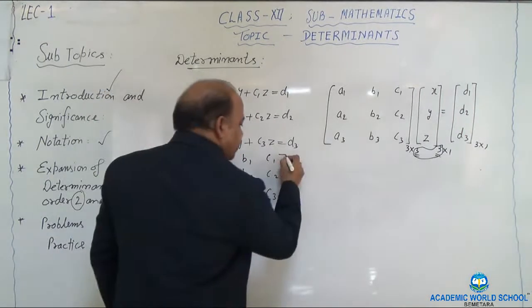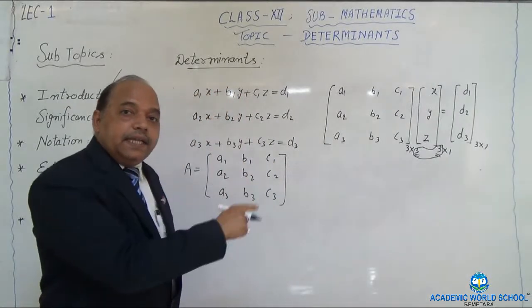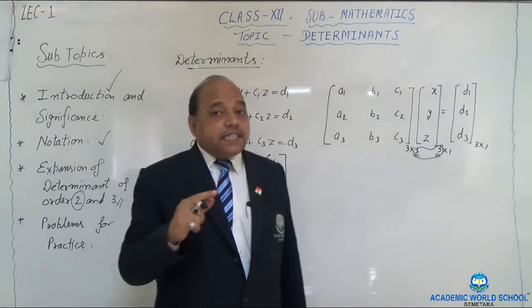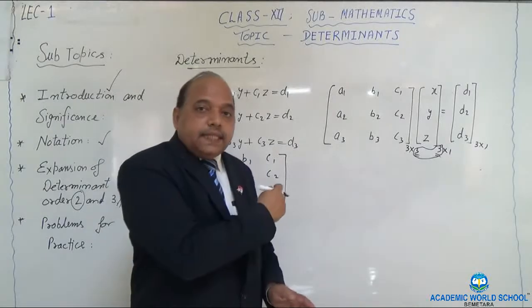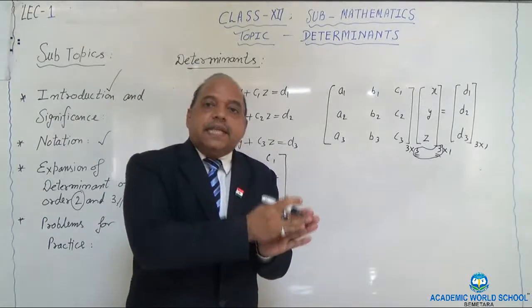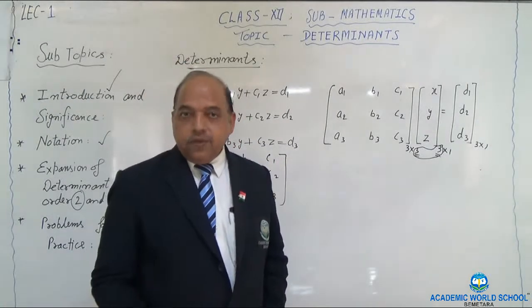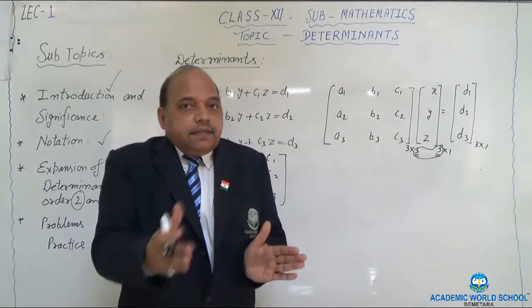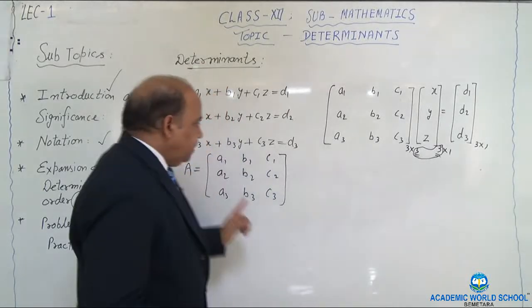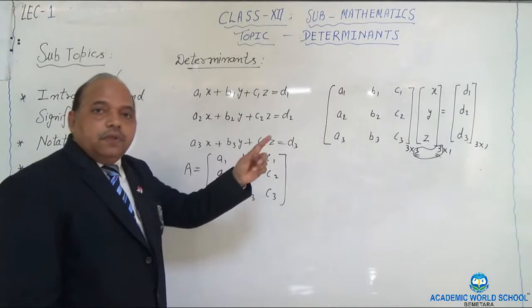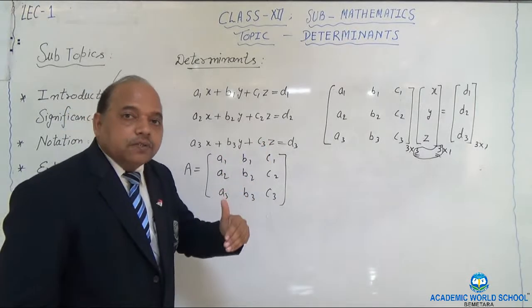This is my matrix. What we have done in the case of a determinant of order 2, this is nothing but simply an extension of the same concept. We are extending the concept. So from 2 cross 2, now we are moving to 3 cross 3.